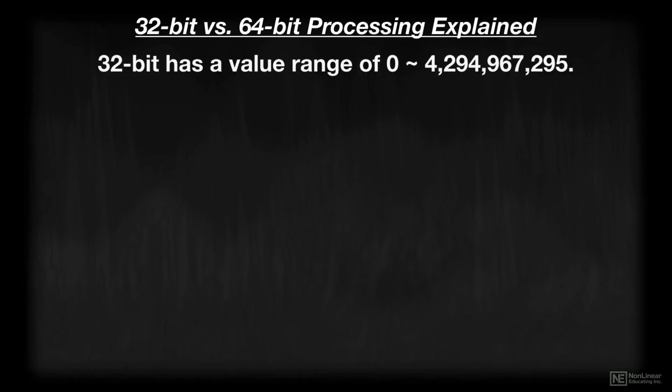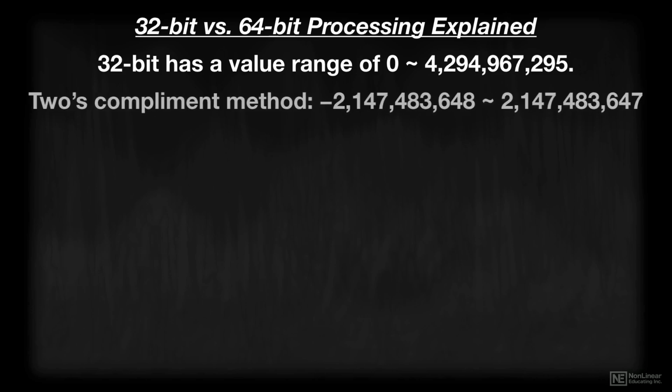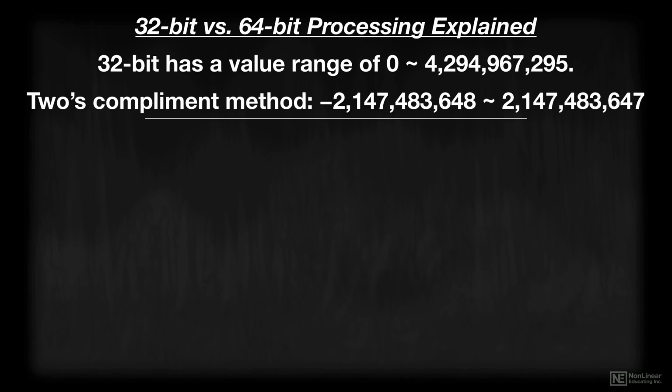So digital audio processors, including DAW software, use a series of bits to calculate the values. So a 32-bit engine has a value range of between 0 and 4.2 billion values. And if we use the 2's complement method, that's plus or minus 2.1 billion values. So what does that mean in digital audio? Well, let's take a simple number like 2 and let's halve the gain.